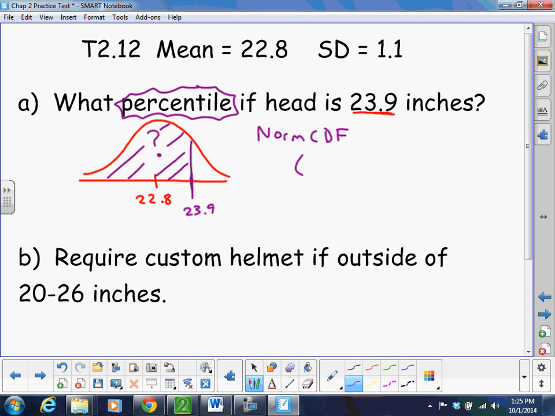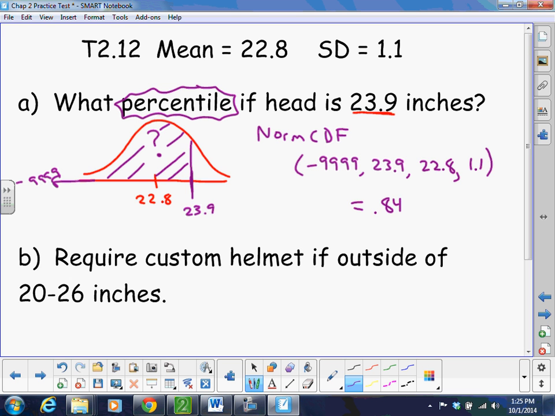Okay, and we start shading. We're shading all the way out, starting from negative 9999 all the way up to our value. So those are the left and right boundaries of our shaded region. We've got to put in the mean and the standard deviation, and this is going to give us our answer of about 0.84.